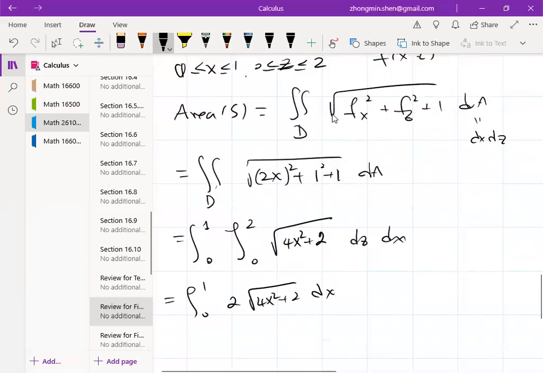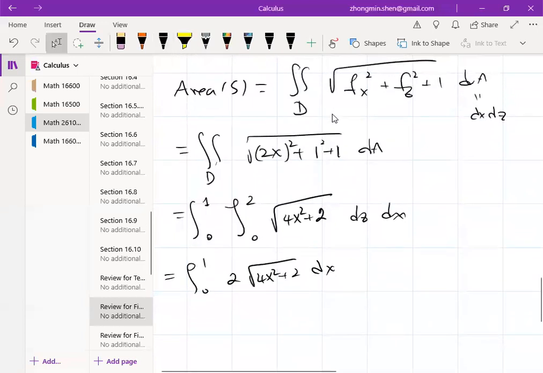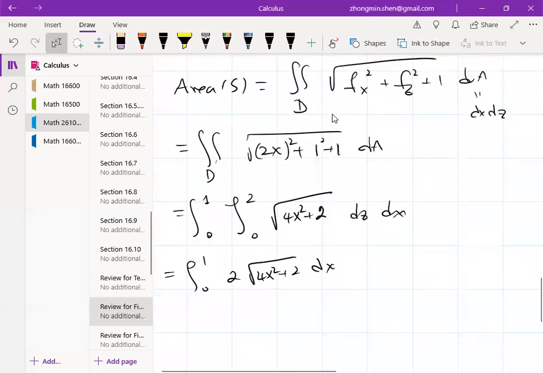This is a problem from Math 166. So when you see x squared plus 1, you can take 4 out to become 4 times the square root of x squared plus 1/2.